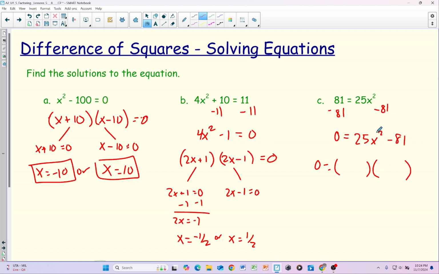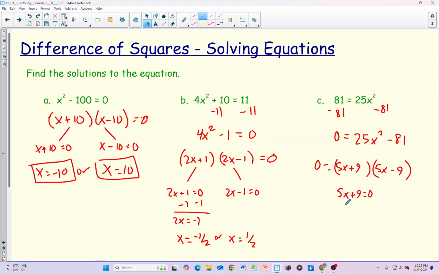Now, is it a difference of squares? Notice I always ask myself that question first. Yeah, 5 times 5, 9 times 9, right? So 5x plus 9, 5x minus 9. And now we can solve from here. So we get 5x plus 9 equals 0.